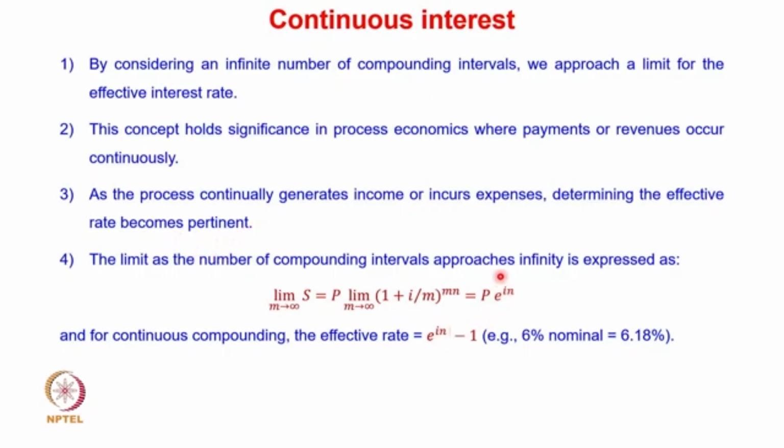So what will be the effective interest rate? The effective interest rate in this case will be e^i minus 1. That will be the effective interest rate, and it will be higher than the nominal interest rate. So if I take the 6% nominal interest rate, the effective interest rate comes out to be 6.18%. You can see that it is increased.